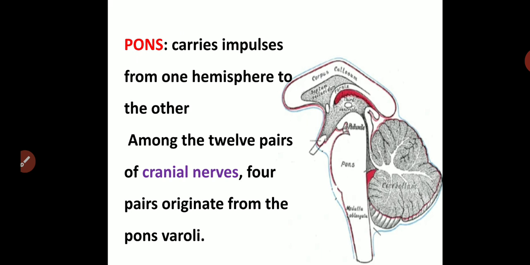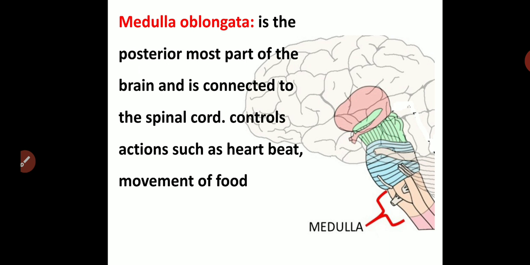As we already discussed, the right part of the brain controls the left part of the body and the left hemisphere controls the right part of the body. So when both your hands have to work in coordination at the same time and in the same direction, this coordination is possible only when messages go at the right time, and those messages are passed on by the pons.